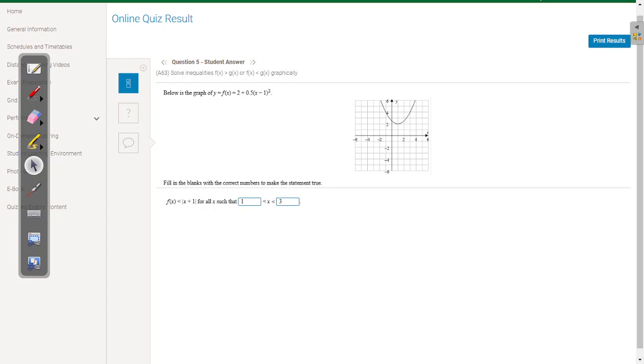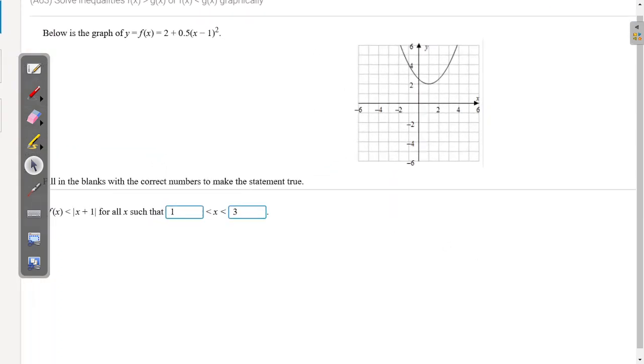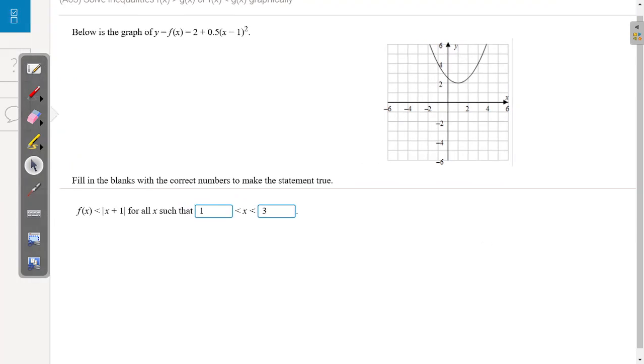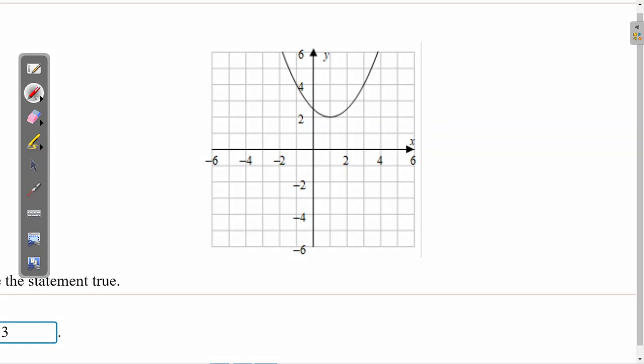Okay, for this one, they gave you f of x, they drew it for you, but they're saying f of x less than absolute value of x plus 1, and you don't have it, so you have to graph it yourself. Easy way is just to draw the vertex and just draw the lines outward.